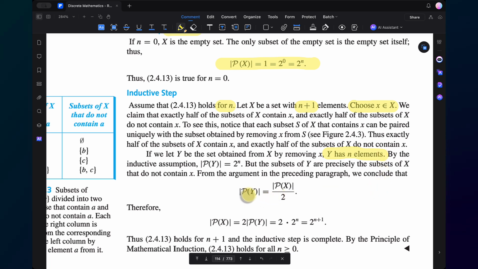Therefore, the size of it is the size of the power set of X divided by 2, because half the elements in the power set of X are in that set.